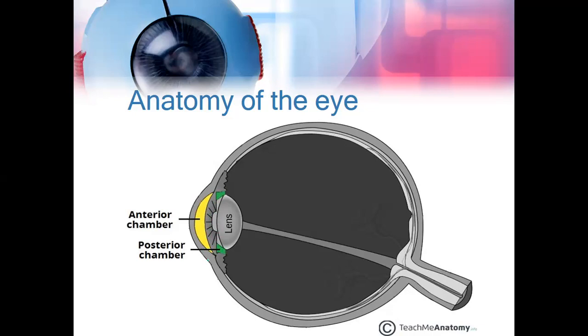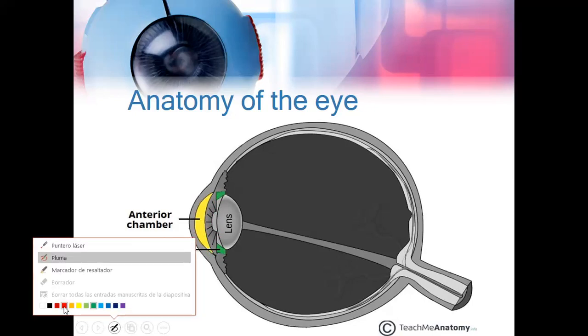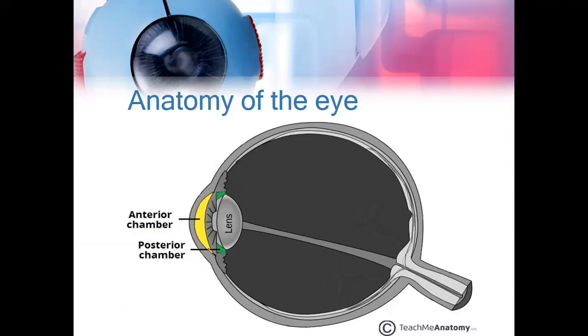Here, as you can see, we have an angle right here. You see the pointer, the green pointer. I'm going to change it into red for you to see it better. So here we have this angle, which is the iridocorneal angle. Irido from iris, this one, and cornea would be this one.